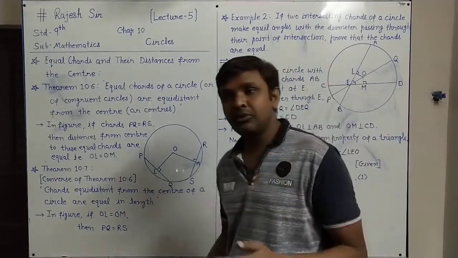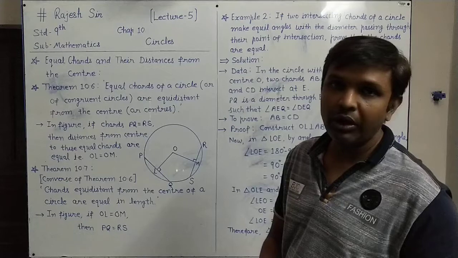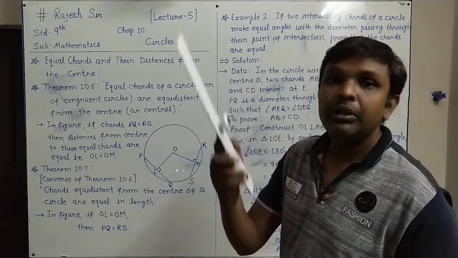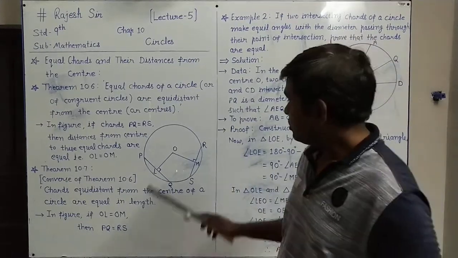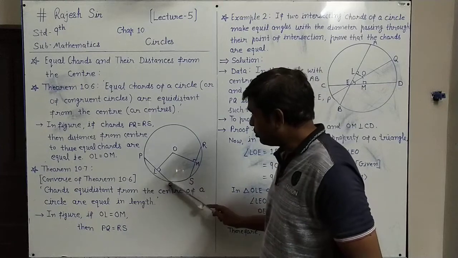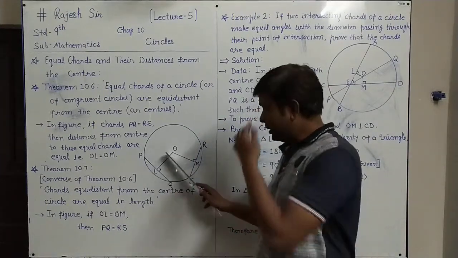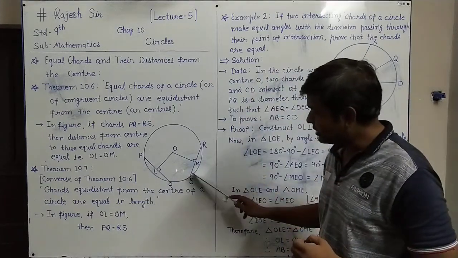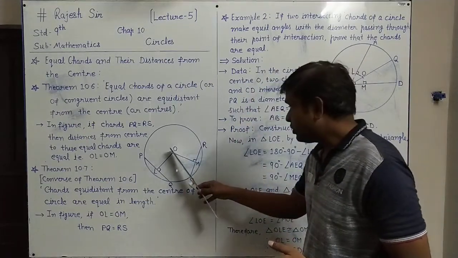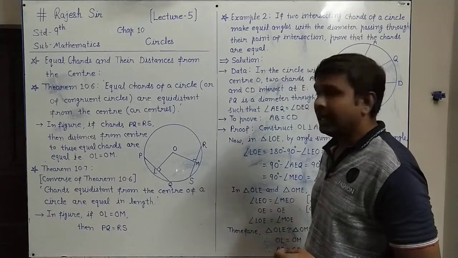To see the distance from any point to a chord or line, we have to draw the perpendicular. So OL is perpendicular on PQ, which is the distance from the center to the chord. And here also OM is perpendicular on RS, which is the distance from the center to the chord RS.